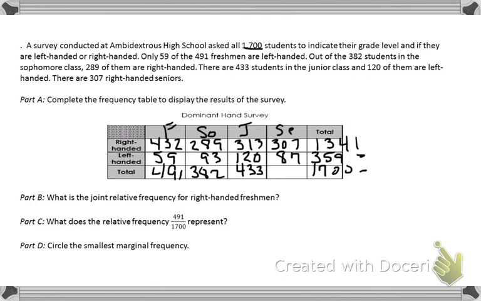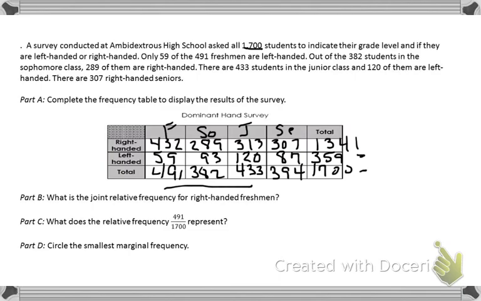Next, you can either subtract these three numbers from 1,700, or you can add 307 and 87 together, which is probably easier. So 307 and 87 is 394. So now I've got all of my information. And I need all of my information because if they ask me about a relative frequency, I can find that information.